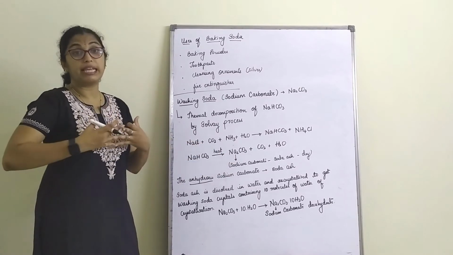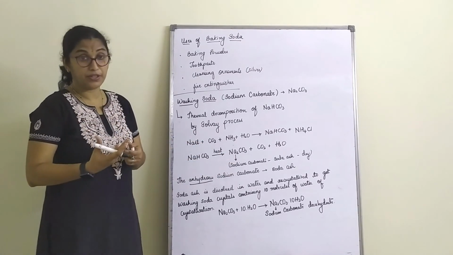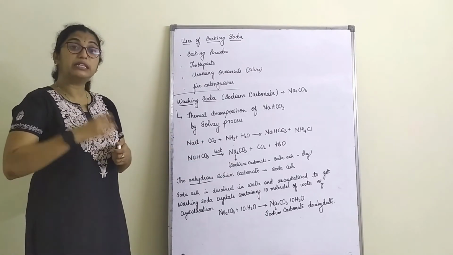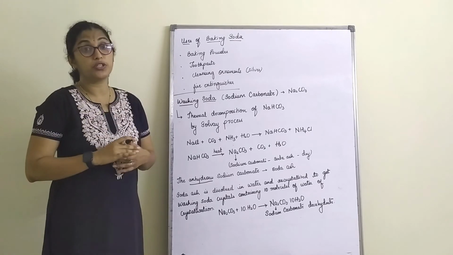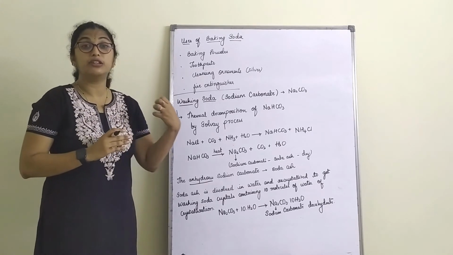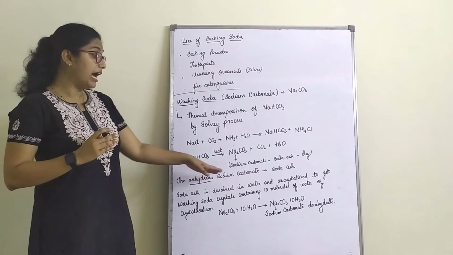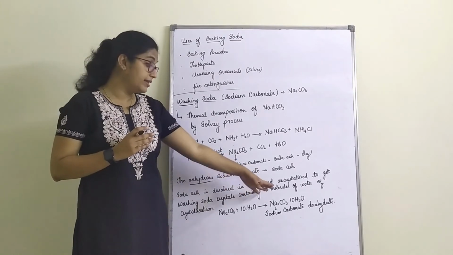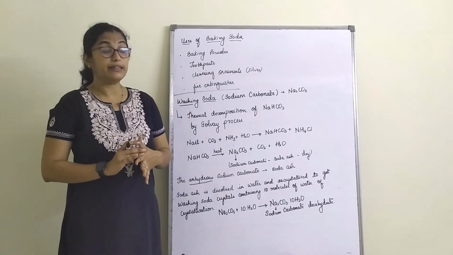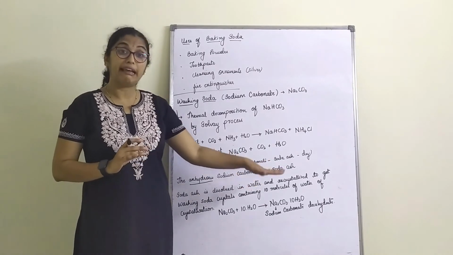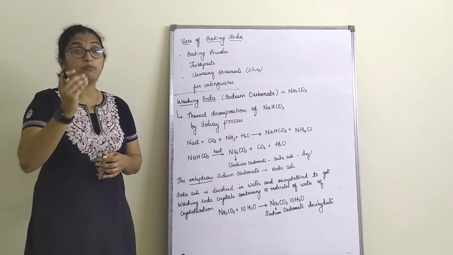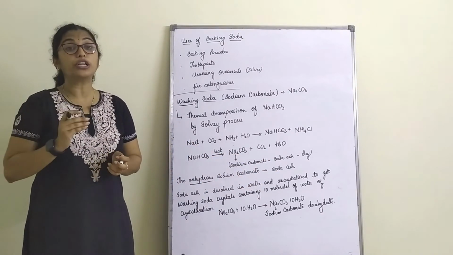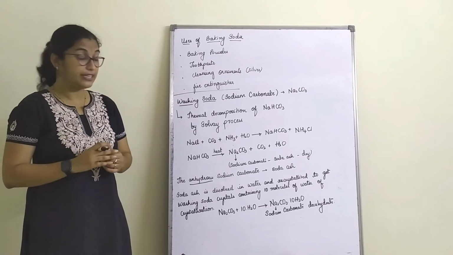So, we have to get this in the crystalline form, correct? So, what do we do here? We add 10 molecules of water to it since it is in dry condition. When we add 10 molecules of water to it, we get sodium carbonate decahydrate. Those 10 molecules are nothing but water of crystallization, right?